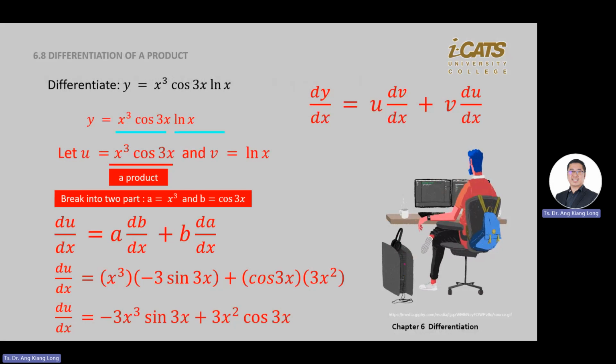After I break it, I do this one as another set of y equal to uv. I break into u and v, then here I break into another u and v also, but I use a and b to represent it, as another set of solution.